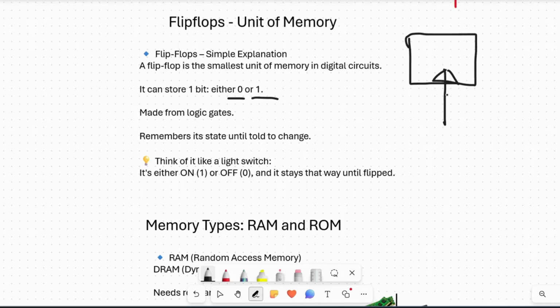The clock gives 0 or 1 into the logic gate, and it helps to make decisions. Made from logic gates, it remembers its state until told to change. Think of it like a light switch. It's either on or off, and it stays that way until flipped.